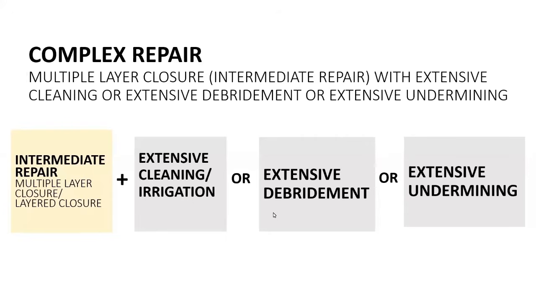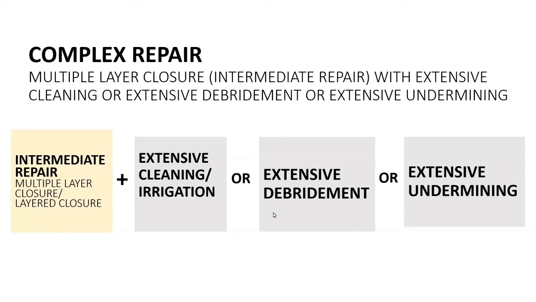Moving on to the next type of repair, complex repair. Complex repair is nothing but intermediate repair, which is multiple layer closure or layered closure, with extensive cleaning or irrigation, or intermediate repair with extensive debridement, or intermediate repair with extensive undermining.